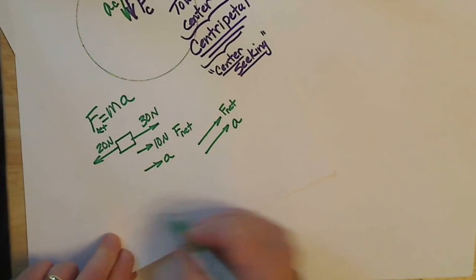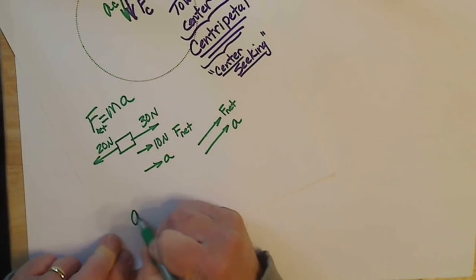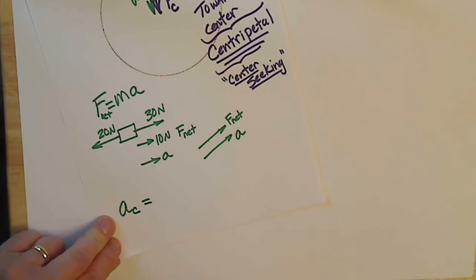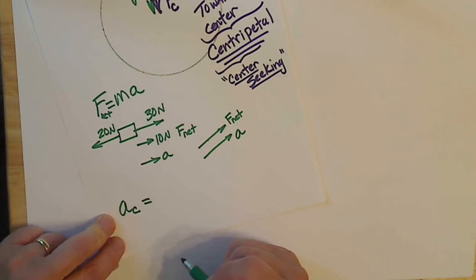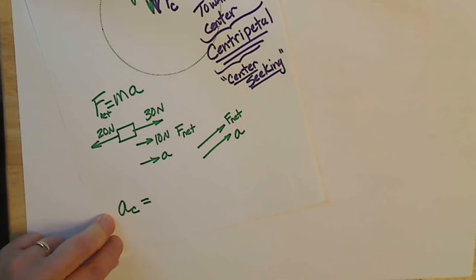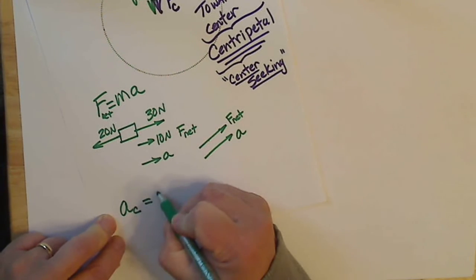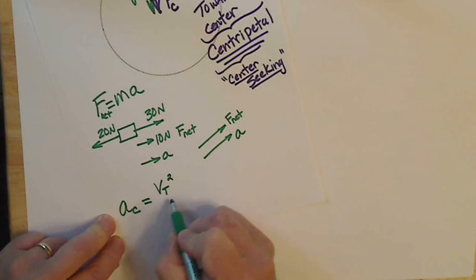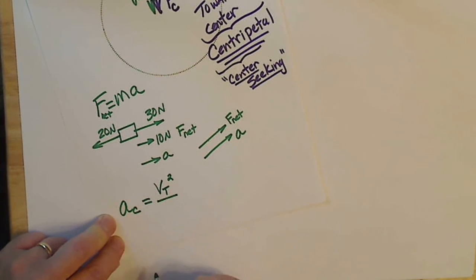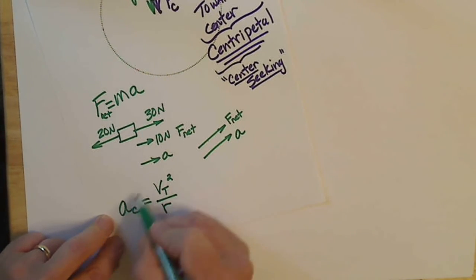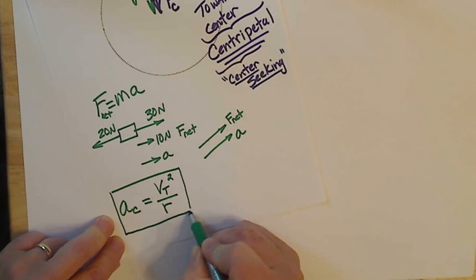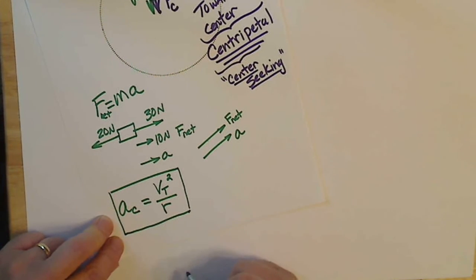And now we can also calculate the centripetal acceleration. Centripetal acceleration is going to be the tangential velocity squared divided by the radius. You take the tangential velocity, square it, and divide it by the radius of the circle.